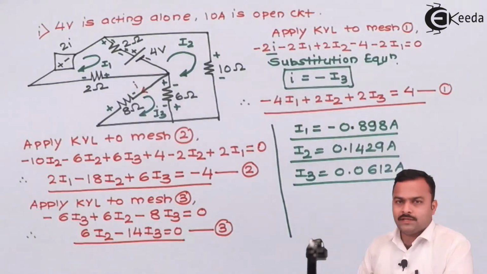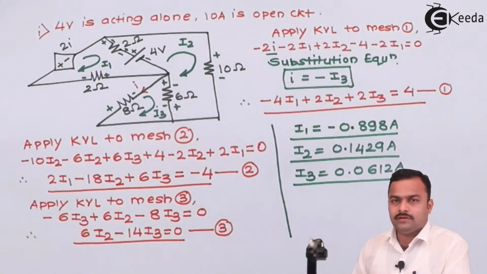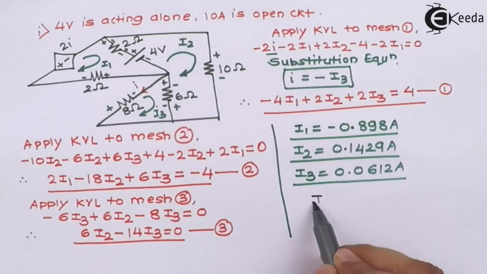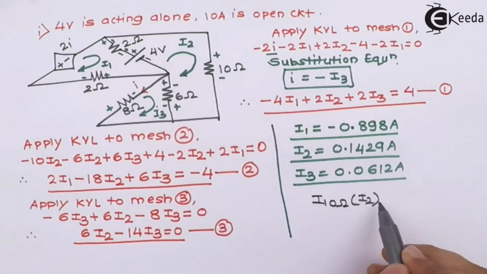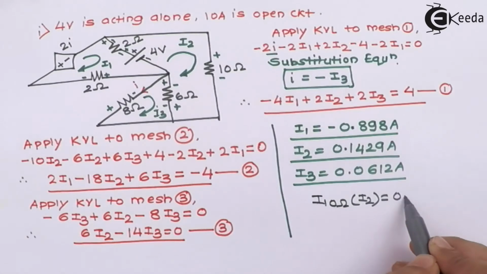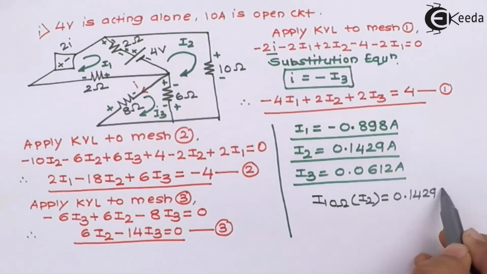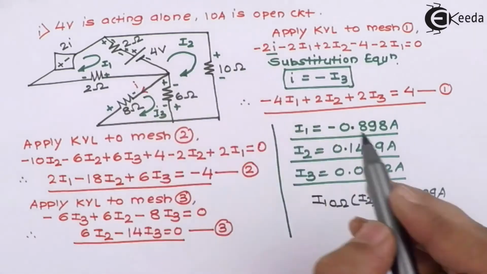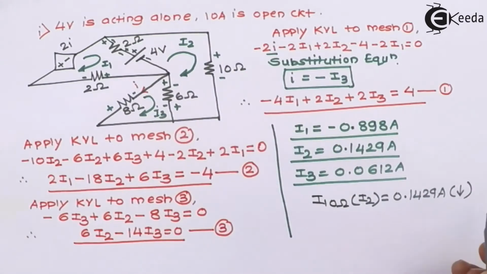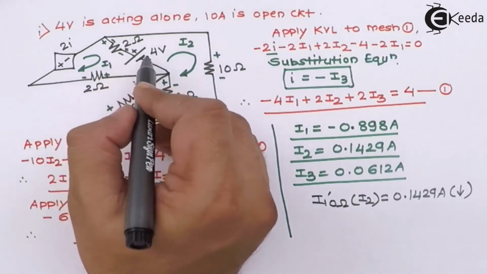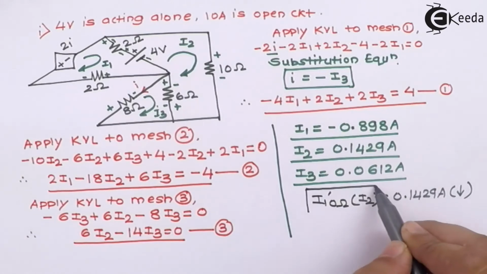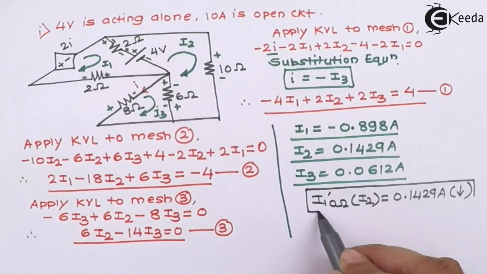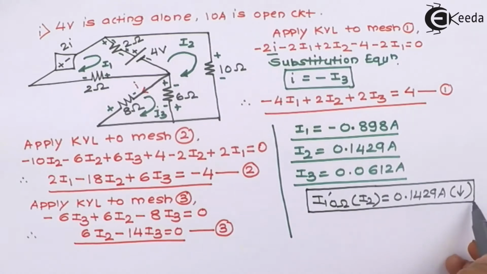Now our objective is to get the current flowing through the 10 ohm resistor. That current is I2, which is 0.1429 ampere, and the direction is downward as I marked. This current is because of the 4 volt source acting alone, so I denote it as I10 ohm dash. So I10 ohm dash is the current because of one source acting alone.